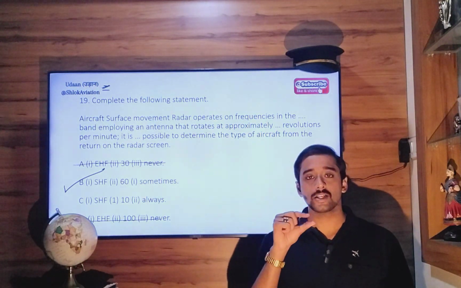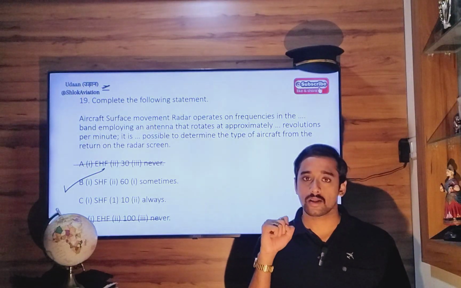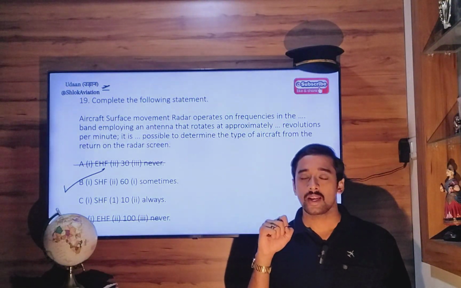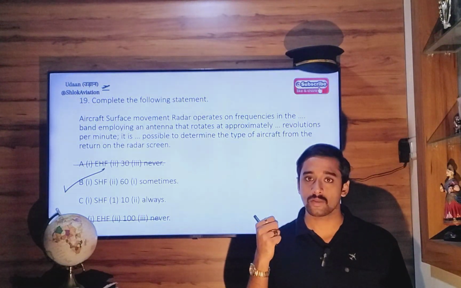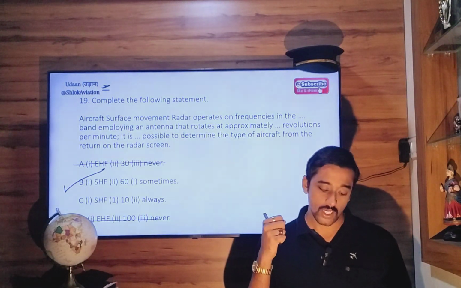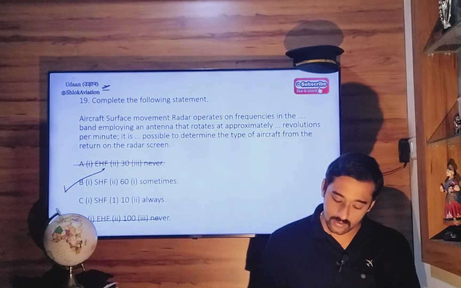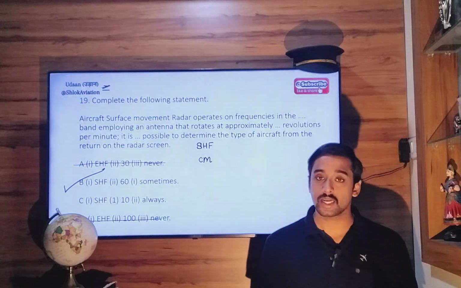So whatever indication the ATC controller gets on the screen, the representation of the target, looking at that indication, ATC is able to determine the type of aircraft. Because aircraft surface movement radar operates in the super high frequency band, that means the wavelengths are in terms of centimeter.